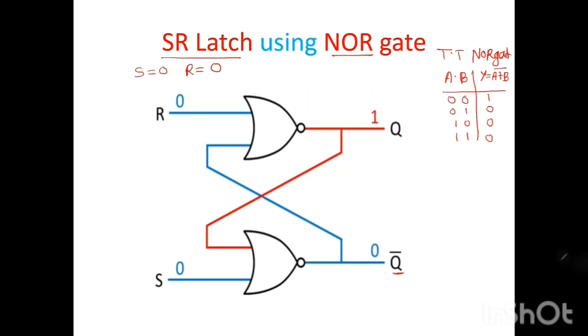Then Q bar is equal to (S plus Q) whole complement, and here Q is nothing but (R plus Q bar) complement.